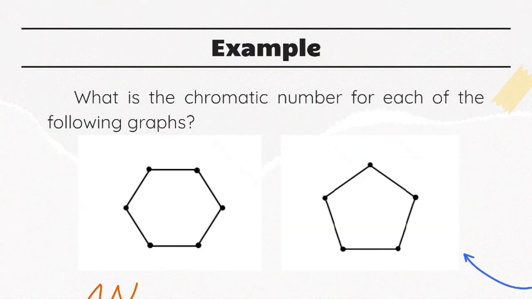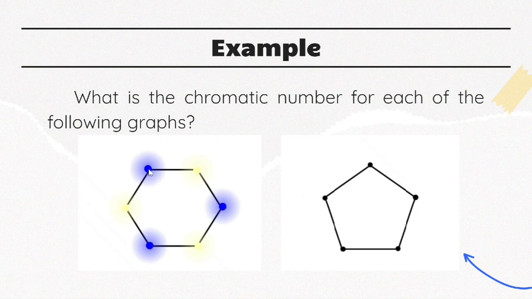Okay, let's have another example. What is the chromatic number for each of the following graphs? Let's take a look at this first graph. If we assign colors, this would be blue, yellow, blue, and yellow. The blue vertices could be of the same color since they are not adjacent, and the same with the yellow vertices.